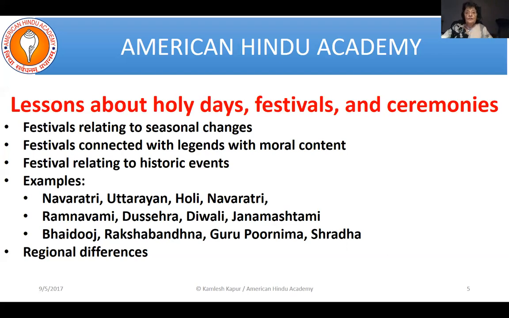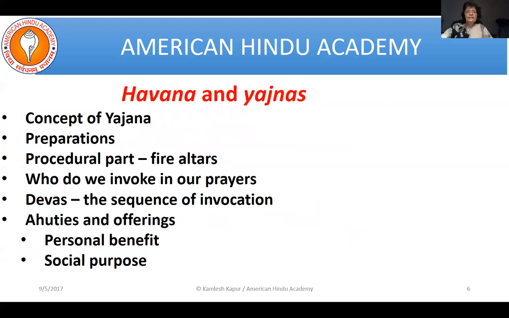Timings are different. The New Year is celebrated in April in Punjab, but it is celebrated in January in the south, because the weather is hotter there and it is colder in northern regions. So there are regional differences.